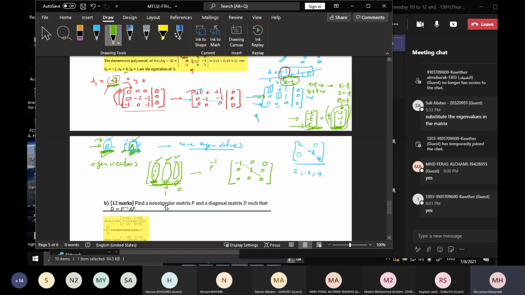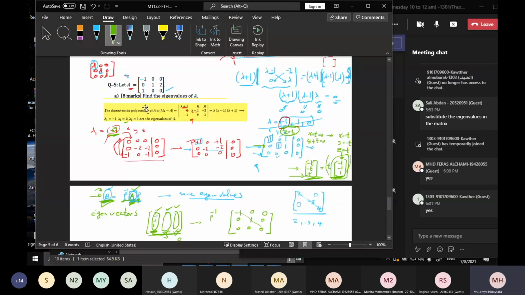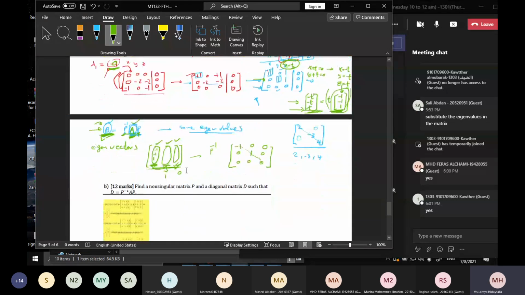He gave me that. So the vectors that I'm going to get are linearly independent. So this matrix, the one I started with, is diagonalizable. And I need as well to find the diagonal matrix.